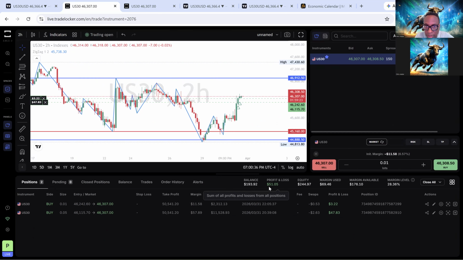As you can see, currently I'm $50 roundabout in profit. I used $69 for the margin. This is my current equity. This is the balance after the swaps have been taken out.